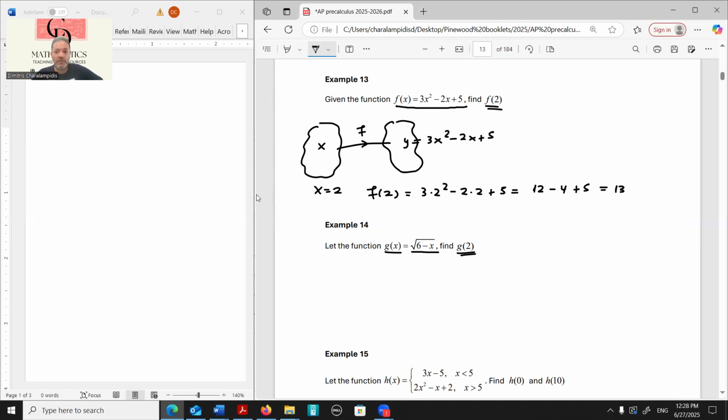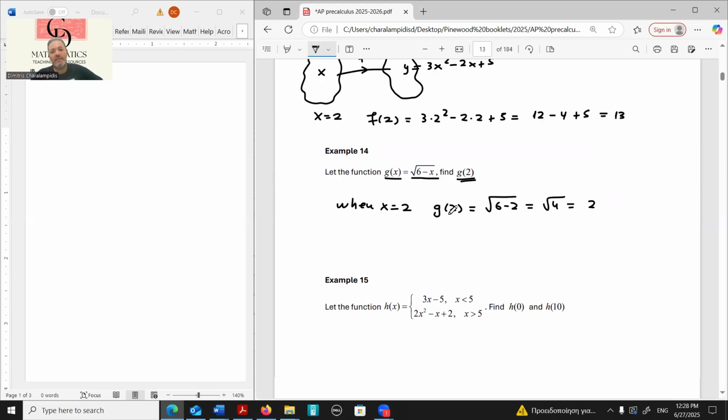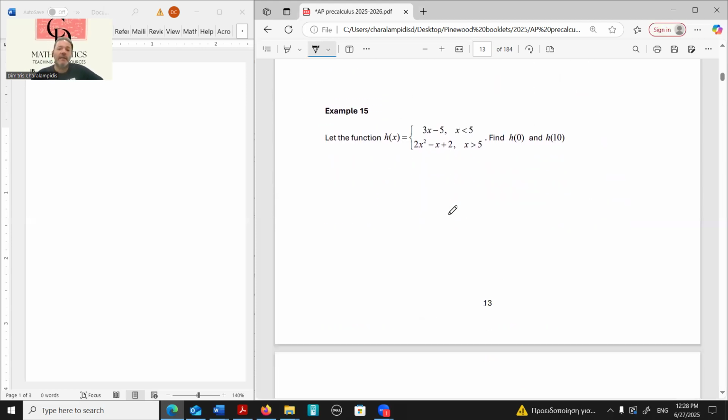All we have to do is substitute, plug in this input value instead of x. So when x is 2, g of 2 is the root of 6 minus 2, which is the root of 4, which is 2.